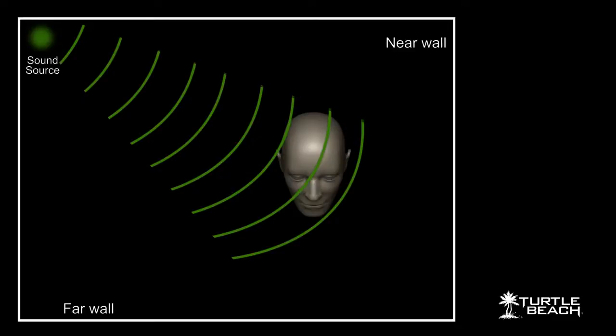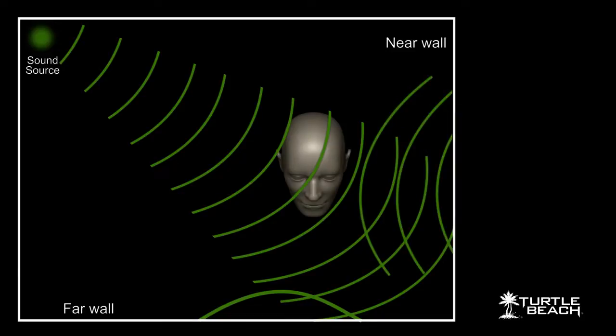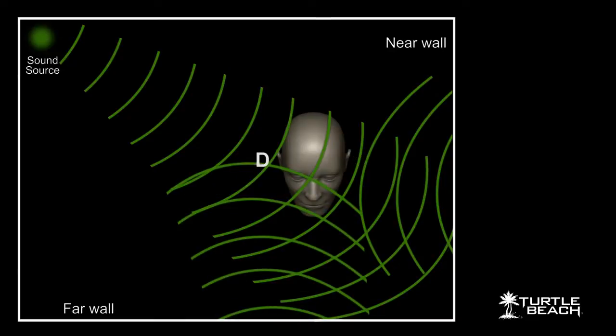Next, the sound keeps moving, bounces off the walls, and reflects back. A short time later, the sound reflecting off the closest wall reflects back to the ears at point C. Then, a bit later, the sound from the other wall reaches the ears at point D. These reflections are additional cues that your brain uses to further localize the sound source.